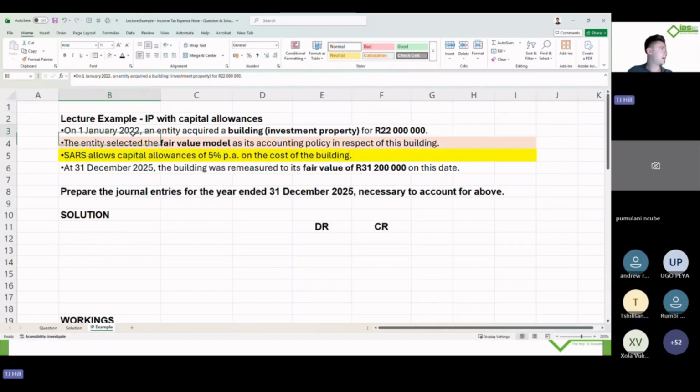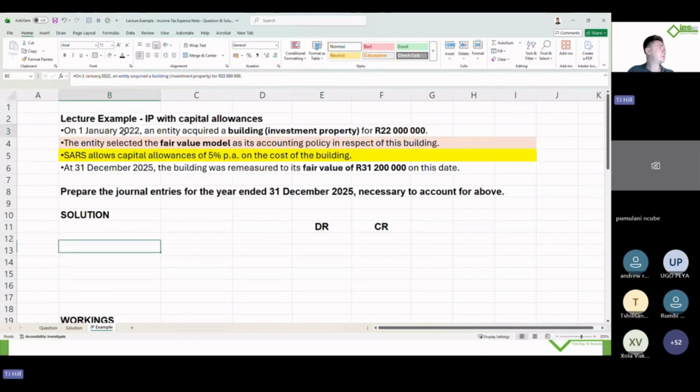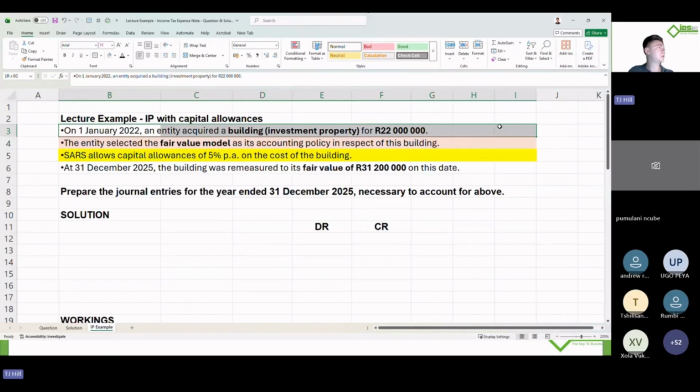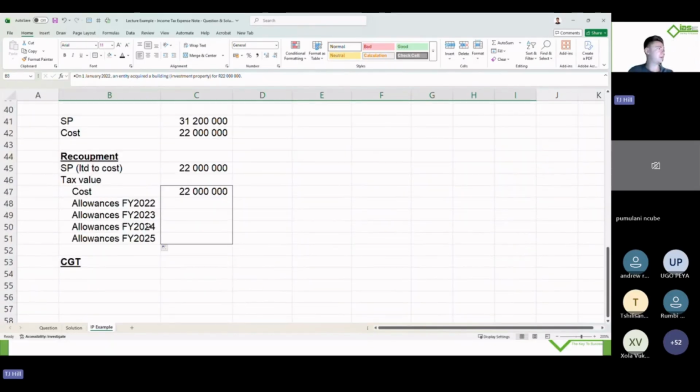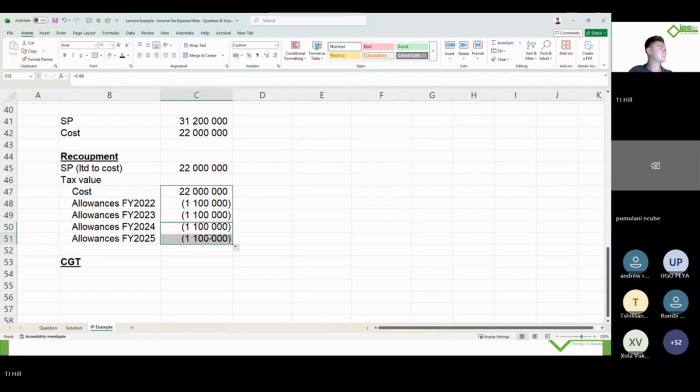Where are we now? 2025, actually. 4 years. Happy? Because I would have claimed it in 2022 when I've bought it and brought it into use. 22, 3, 4, and 5. You agree? It is 5% per annum. Happy? You agree with me? Yes.